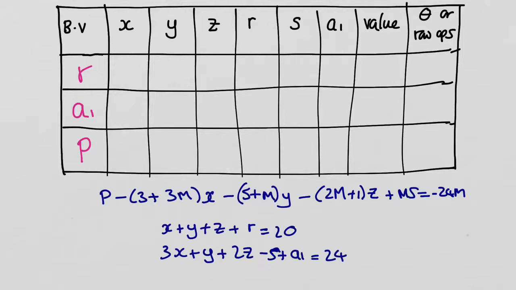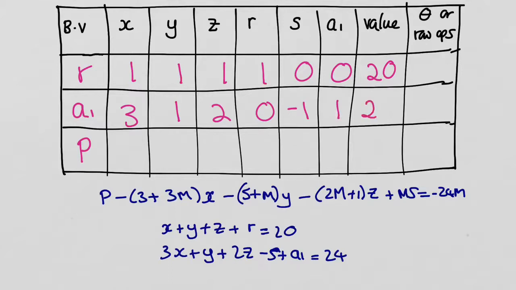So let's fill in our first tableau. We've got 1x, 1y, 1z, 1r, no s's, no artificials. That gives us 20. Next one, 3x, 1y, 2z, no r's, minus 1s, 1 artificial, and that gives me 24. And then this weird one at the bottom, this kind of fills me with absolute dread.